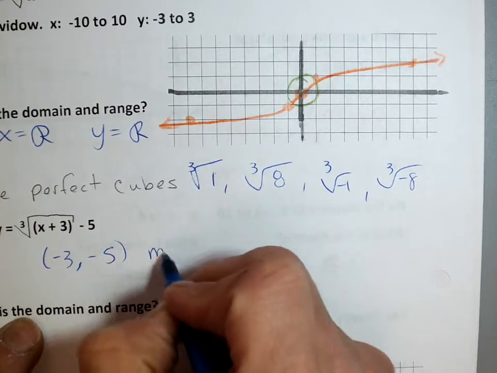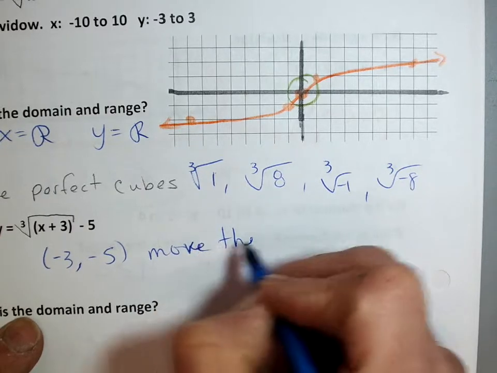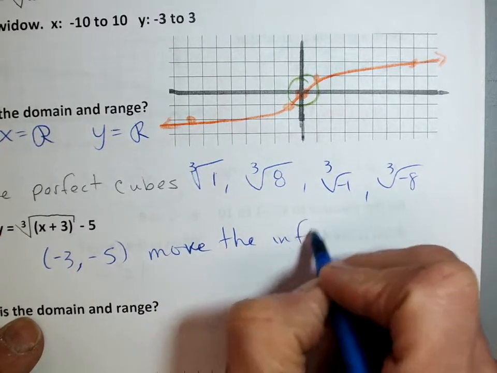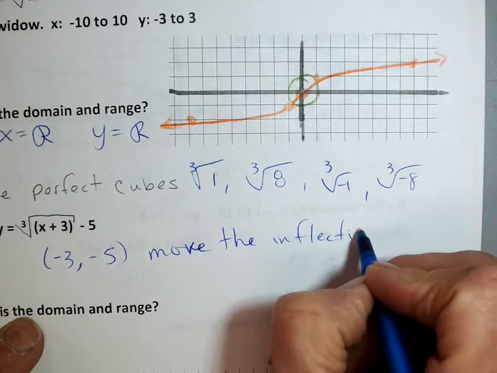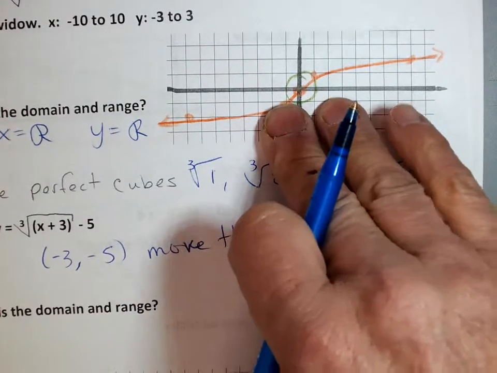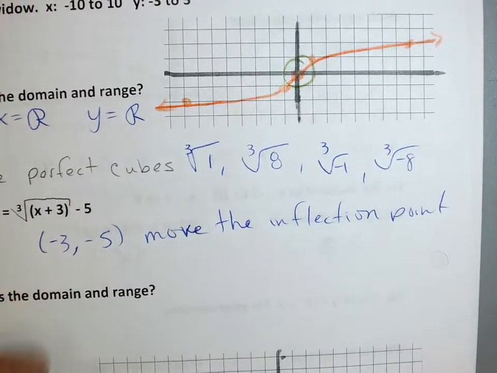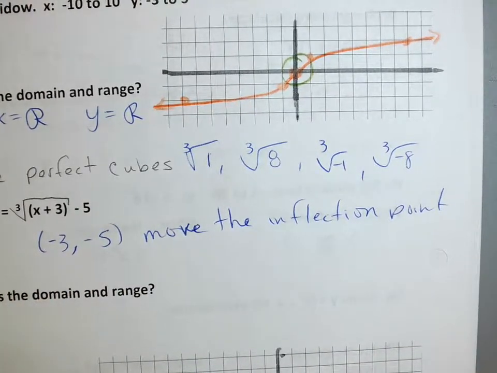Let's move the inflection point. Okay, so I'm just going to take my parent function here. I'm going to move it to -3, -5. 1, 2, 3, 4, 5.